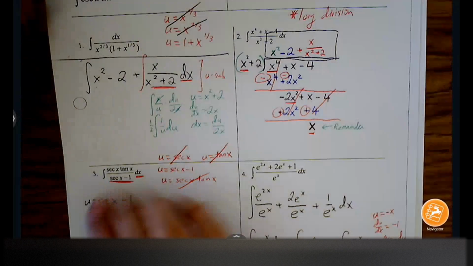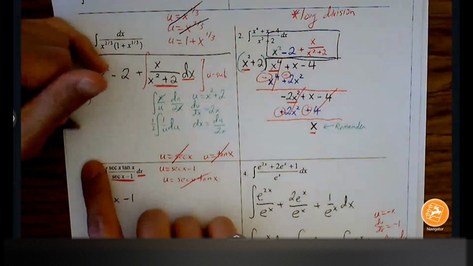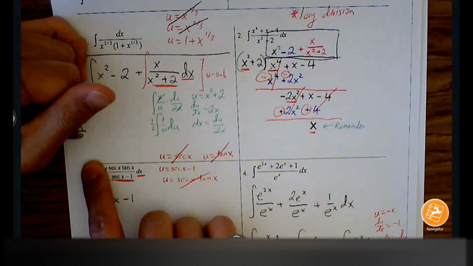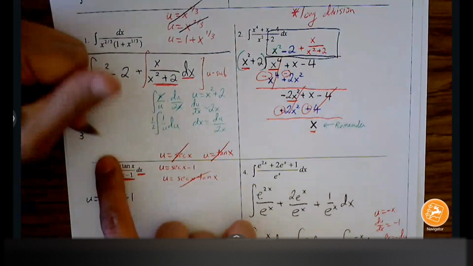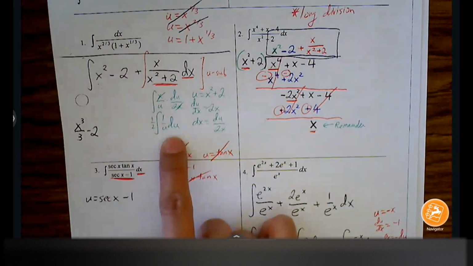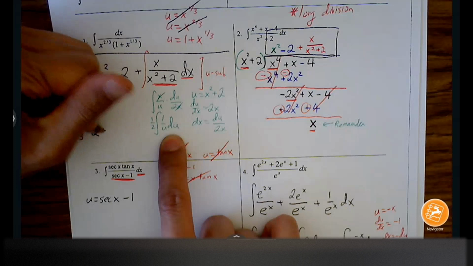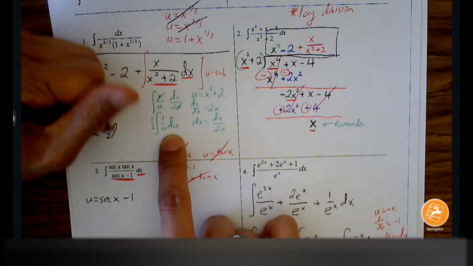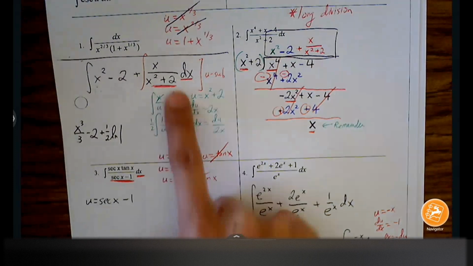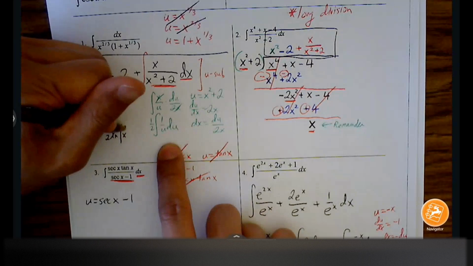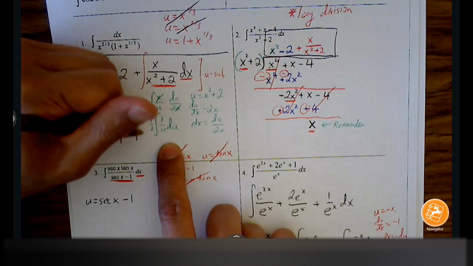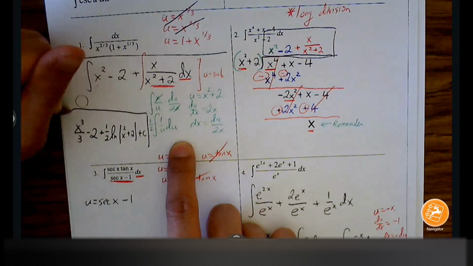So when everything is said and done, x squared becomes x cubed over 3. 2 becomes 2x. 1 over u becomes 1/2 natural log. And I'm just going to replace the u back in terms of x. There's our answer.